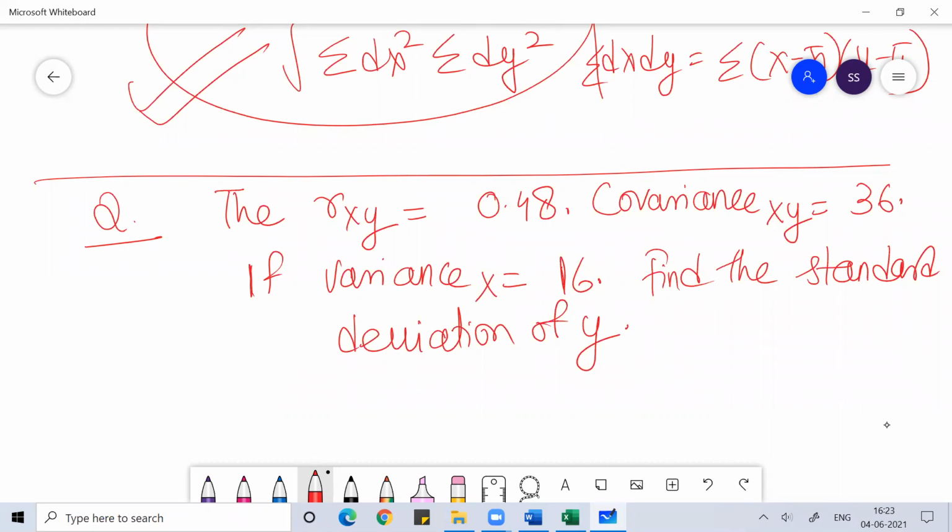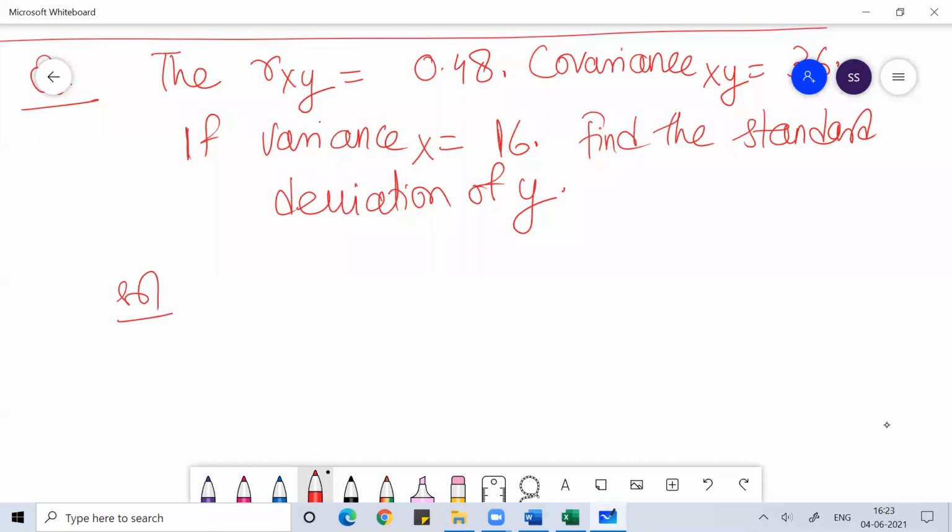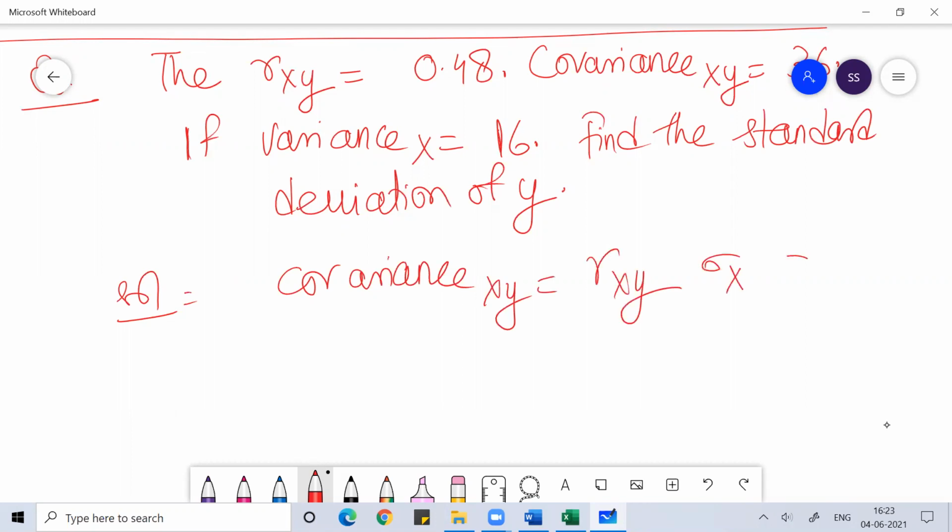Now here the relation you know is that covariance between x and y is equal to R of xy into standard deviation of x into standard deviation of y.